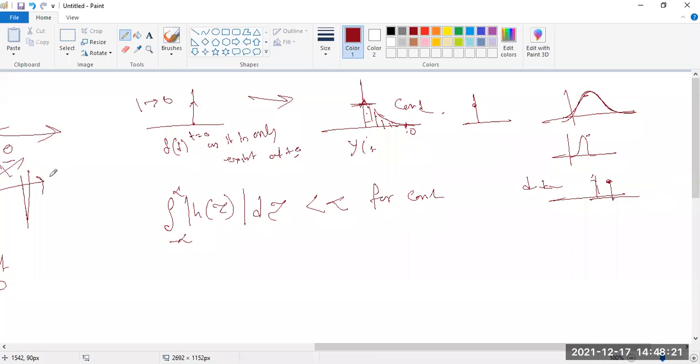If it is continuous, the signal goes gradually to 0. So this is your bounded signal, a definite signal, or you may say a stable signal.